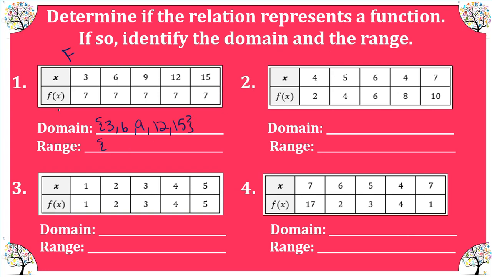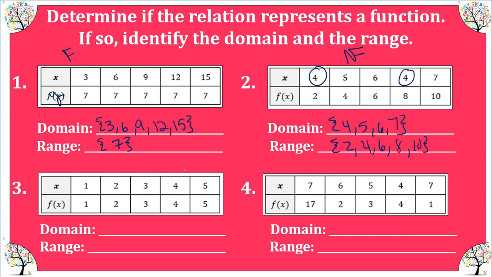My range, my output, my y is 7, and if anything repeats, you just list it once. Here we have two 4s, and they give me a 2 and an 8. Those are two different outcomes, so this is not a function. My domain is going to be 4, 5, 6, 7. My output is 2, 4, 6, 8, and 10.